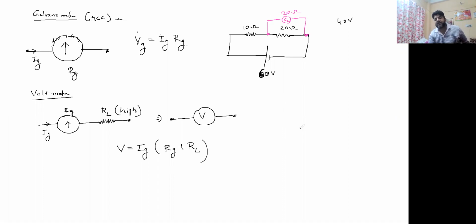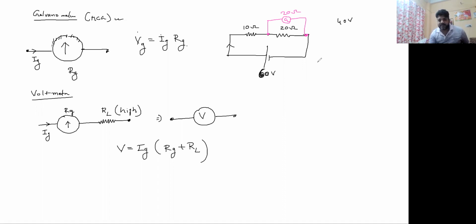So what is the equivalent resistance? 20 in parallel with 20 becomes 10. Yes or no? Then 10 plus 10 becomes 20. So what is your current?